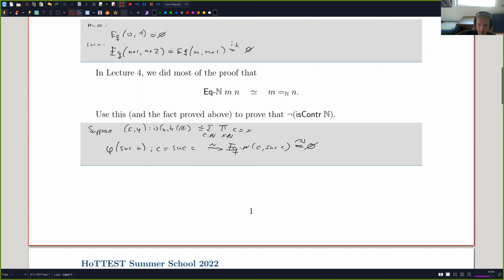So the composition of this gives us an element of the empty type. So our assumption that we have such a C and a phi has to be disregarded.